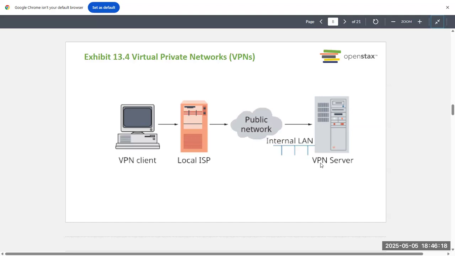You can log in to the VPN, and it would treat your computer on your home network as if you are on Chafee campus. It is very useful for remote work, for people who need to access company resources from anywhere in the world, and it is very important that it remains secure.